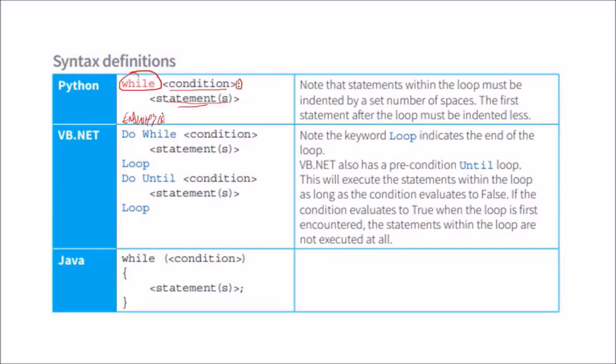So at the end we don't write it. After the loop, whatever statement comes will start from the start of the line without indentation. So we just write while, condition, colon, and so on. In VB we write do while, then condition, statement, and at the end we use loop.